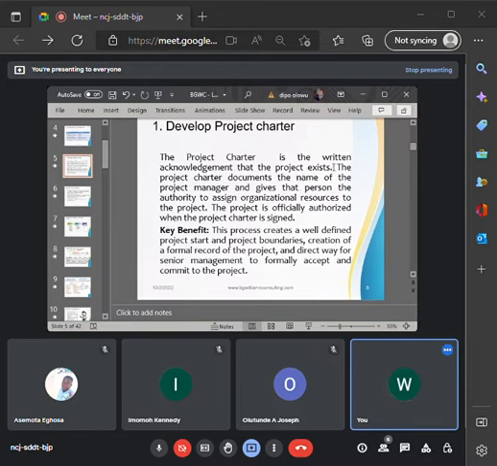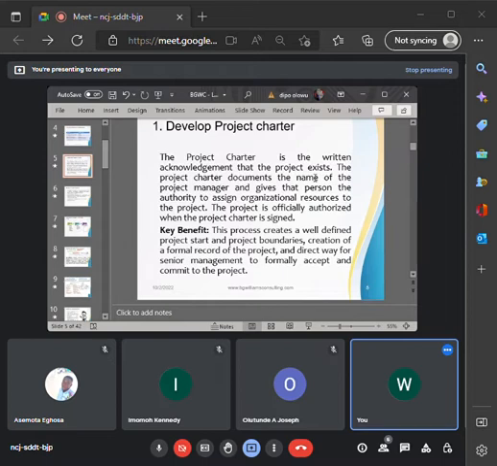Now, I want you to listen carefully because there are a lot of things I want to say from this small document. A project charter is a written acknowledgement document that shows that a project exists.